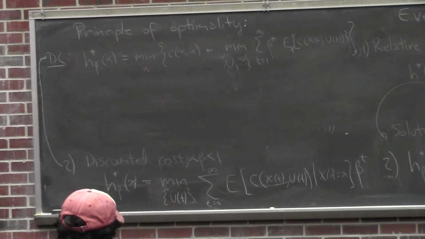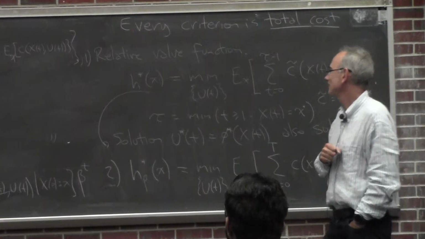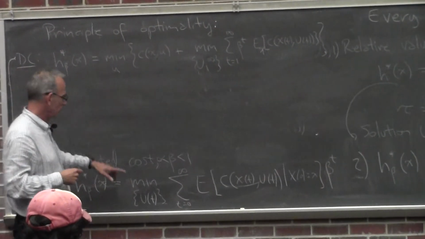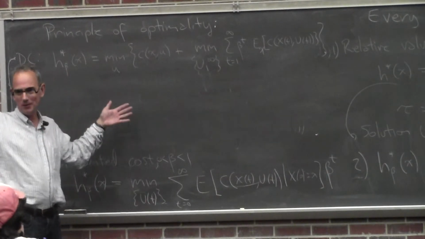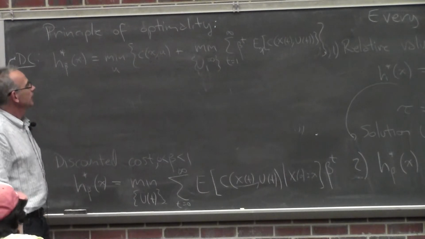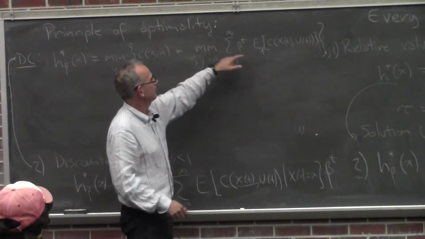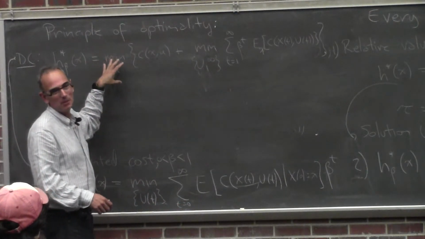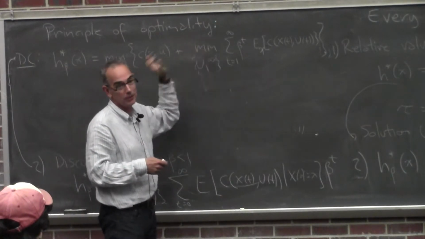Then I can pull out my transition matrix. Here I was minimizing over all of u0, u1, all giant input sequences. Here I'm sort of doing it in order. First of all, I can take the min outside if you like, but this doesn't depend on the future u's, so I could bring it over here.